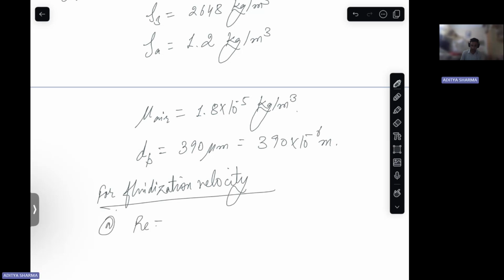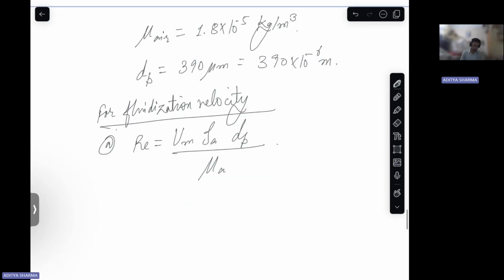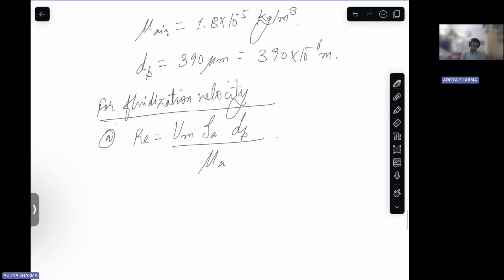We can take help of the Reynolds number, where Um is your velocity. So from here we can find out the fluidization velocity. But what is known to us? This is known, this is known, this is known, right? But the Reynolds number is not known to us.